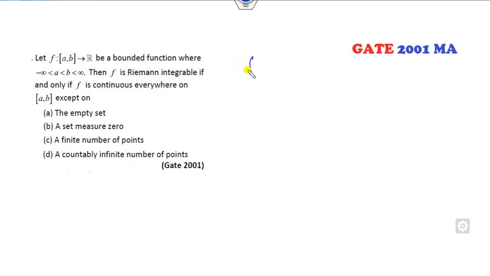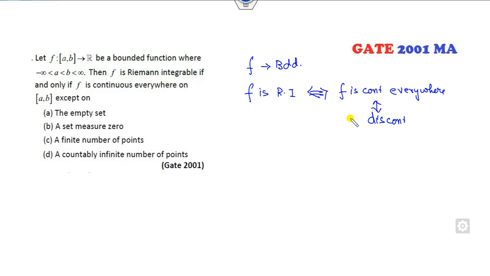F is bounded, and F is Riemann integrable if and only if F is continuous everywhere apart from a set of discontinuities. So what is the set of discontinuities? If I call S the set of discontinuities of F, then the measure of that set must be 0.